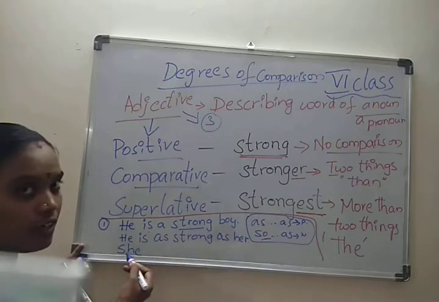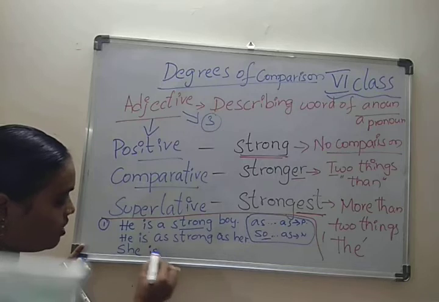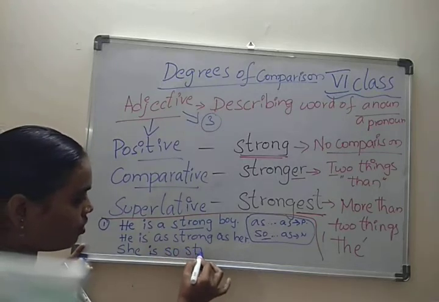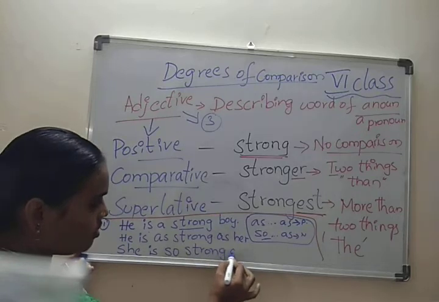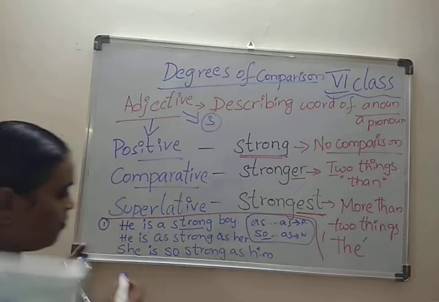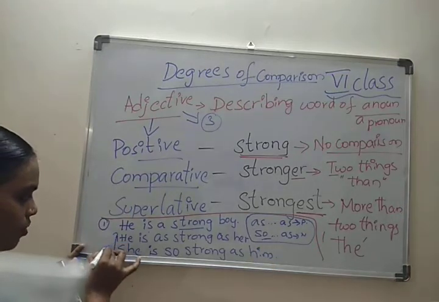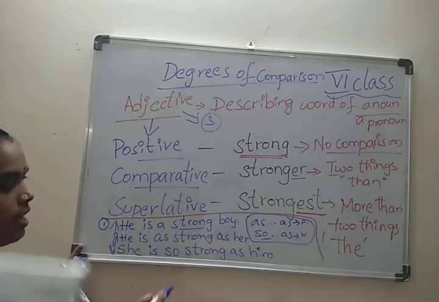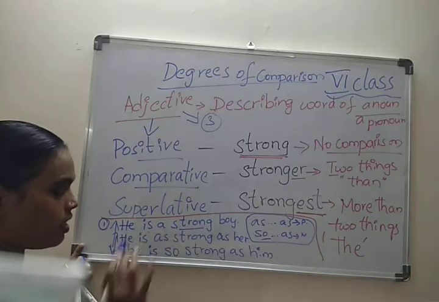Her means she will come now. She is so strong as him. These three are the same sentences. Here there is no comparison in the first sentence.